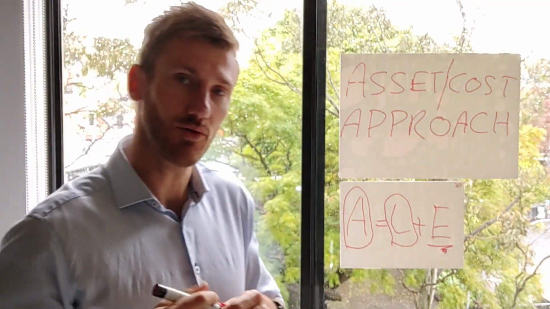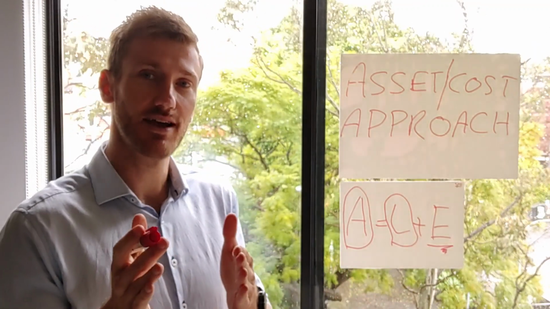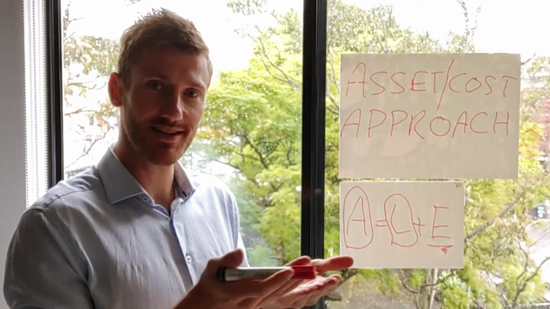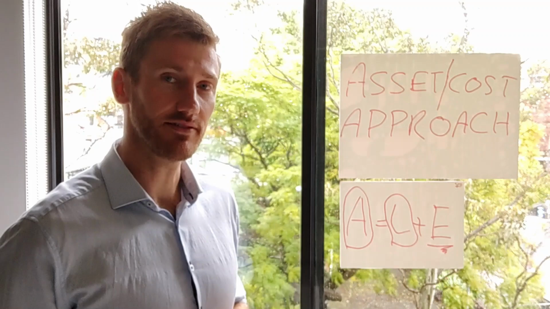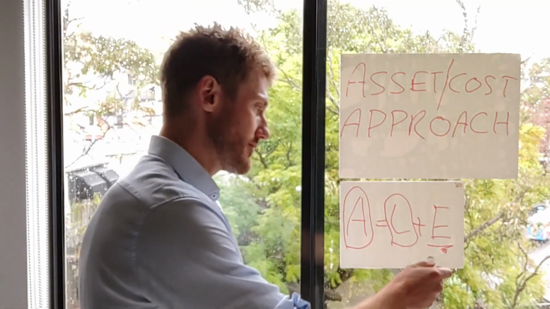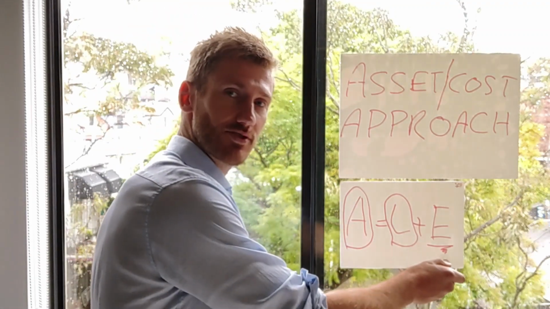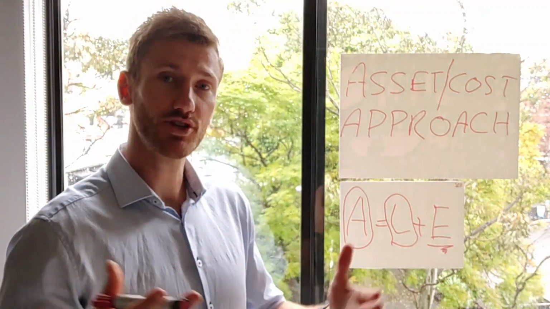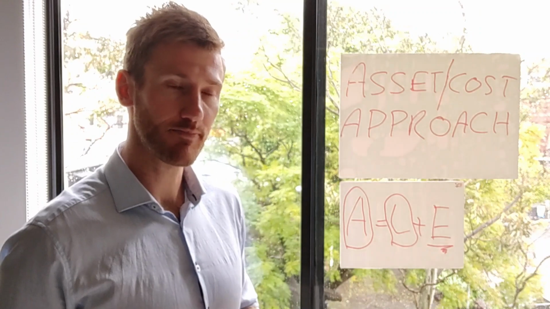So the sum of all the values of the assets is equal to the sum of all the liabilities and the equity that is funding those assets. When we're valuing a company, typically we want to identify the equity, or the share value, of that company.